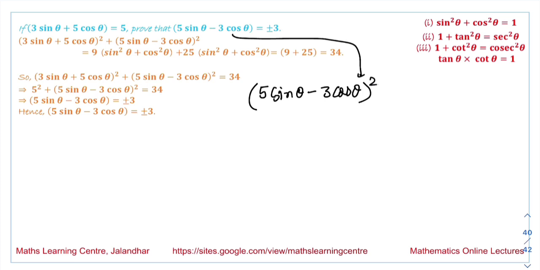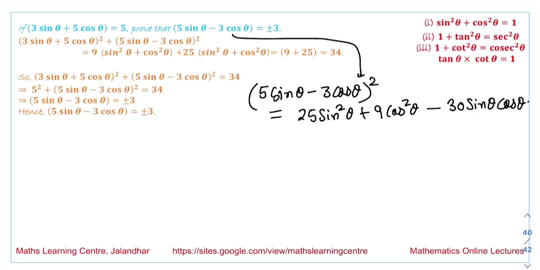We want squares on this term, so we have squared this term and we are trying to find the value of this. So it is 25 sin square theta plus 9 cos square theta minus 30 sin theta cos theta.